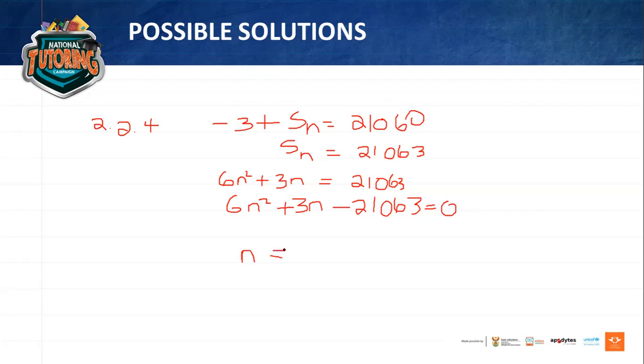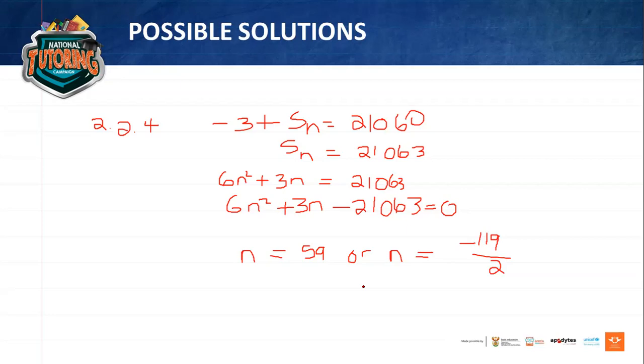One would be 59, and the other would be negative 119 all over 2.